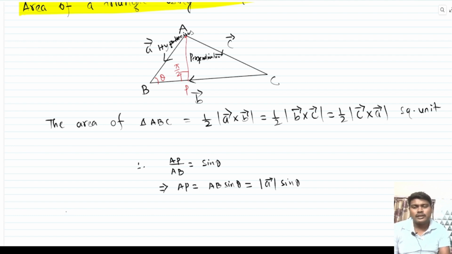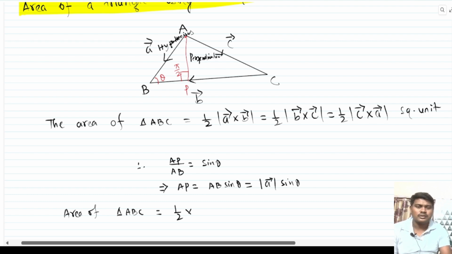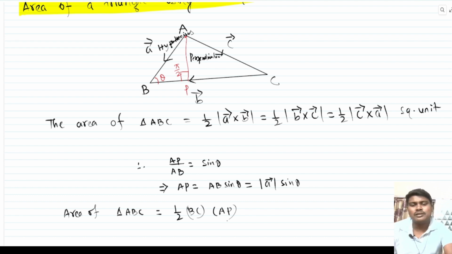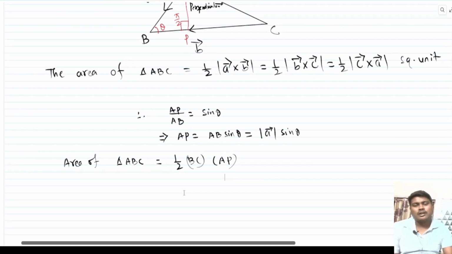Now we know that the area of the triangle ABC is equal to half of BC into AP. Here BC is the base and AP is the height.